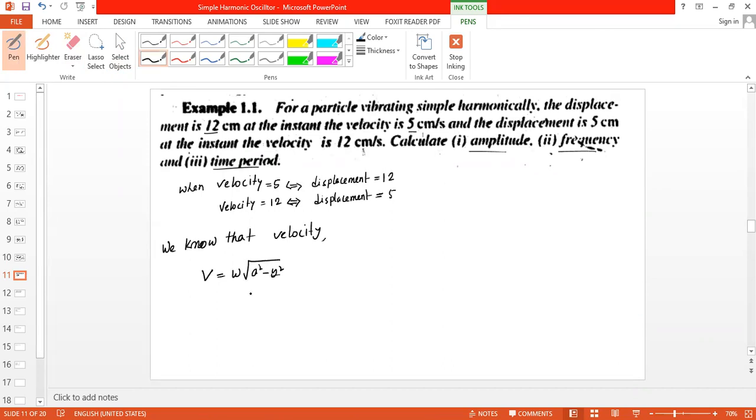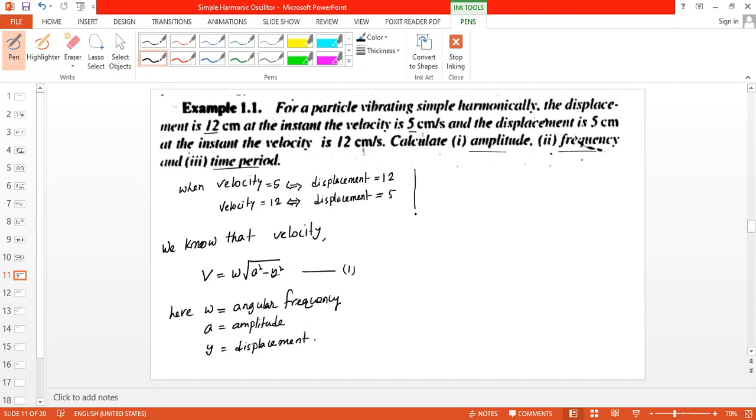Let's name it equation number 1. Here omega is equal to angular frequency, a is equal to amplitude, and y is equal to displacement.